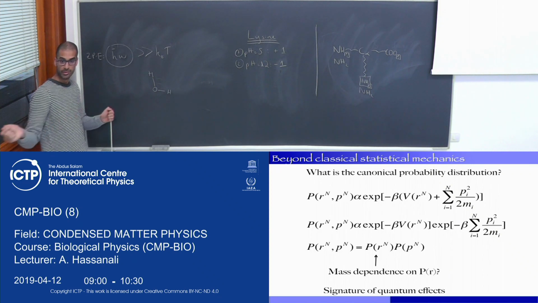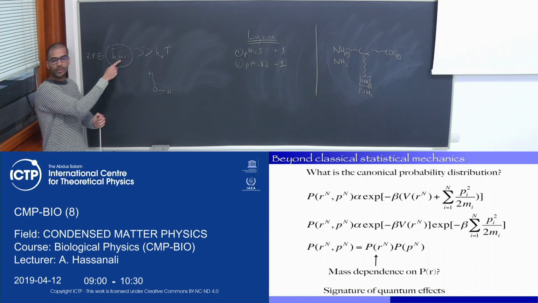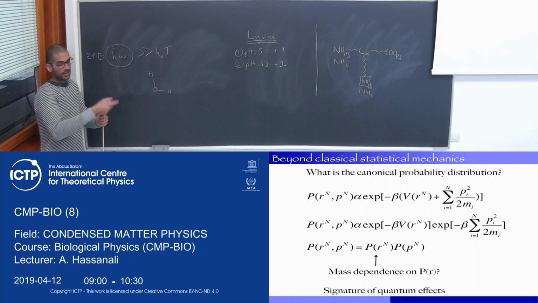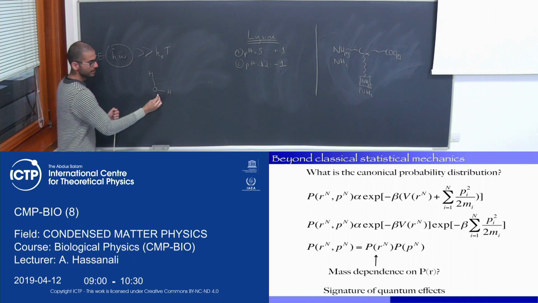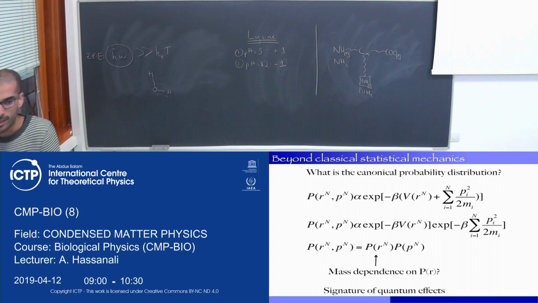Stretch modes, bend modes, rotations. Which frequencies control this? The low or the high? The high frequency. Okay, so the high frequency is vibrations. So if I know what the frequency of a vibration is, I can tell you more or less what h bar omega is.